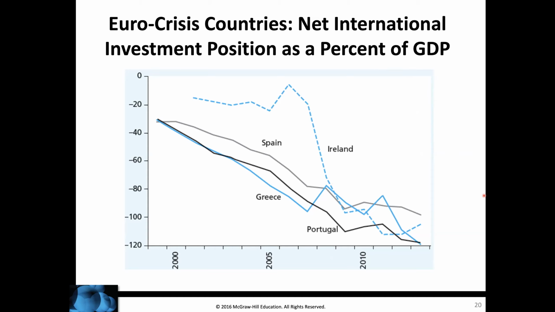So someone watching these indicators would have seen that by 2008 to 2009, these countries' negative net international investment positions had become very large relative to the size of their national economies.